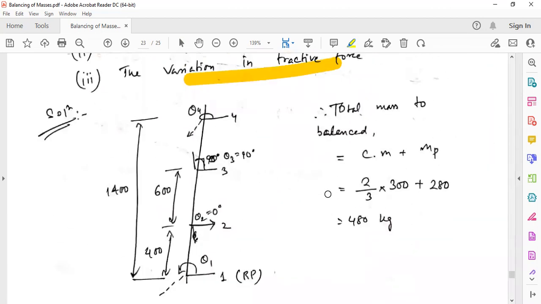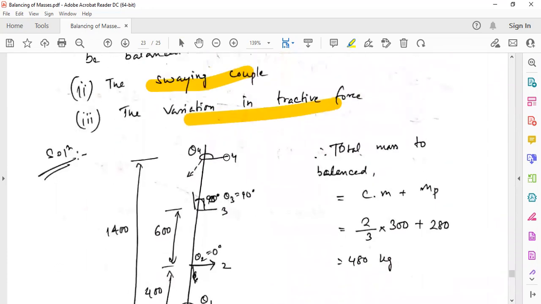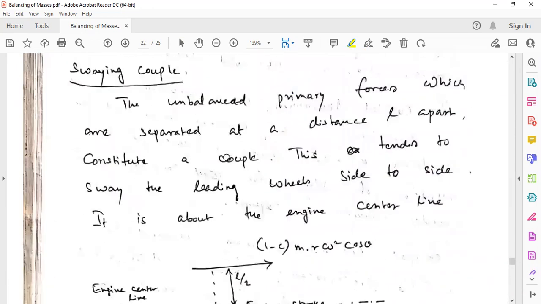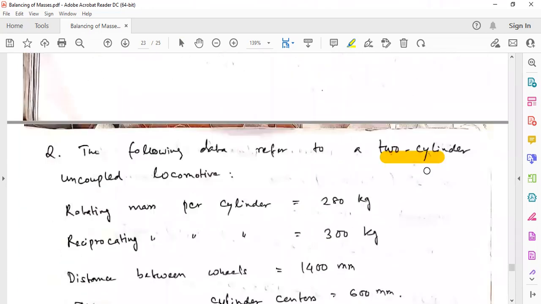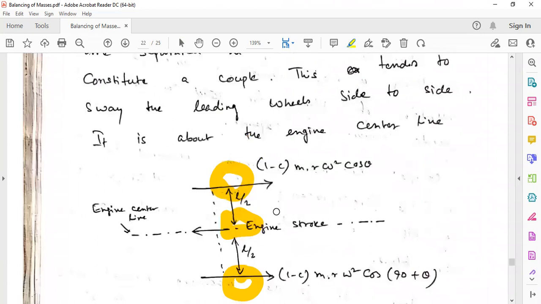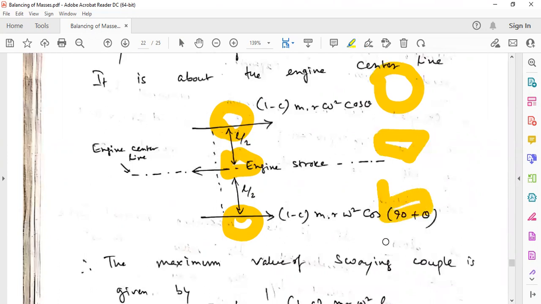So let's have a look. If the diagram is not given, you can see that this is one wheel right here. There is some engine here, and this is one wheel. In this particular problem, we have two cylinders, meaning two engines. So we'll have one wheel, one engine, next another engine, next another wheel, like that.